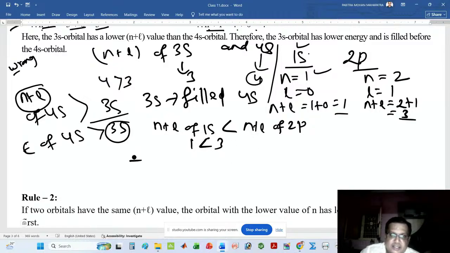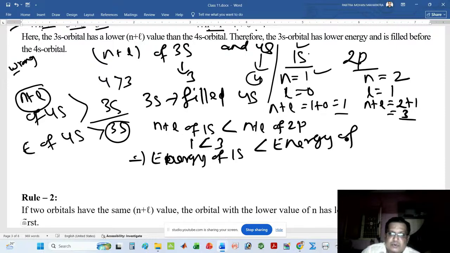So now I can say that the energy of 1s is smaller than the energy of 2p. So 1s will fill first, then 2p will fill.